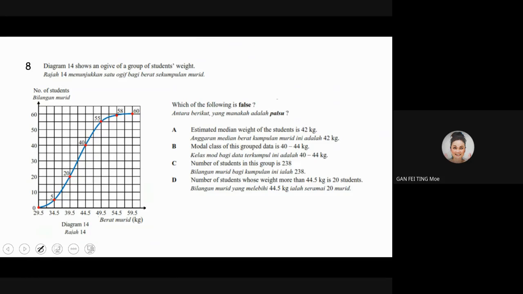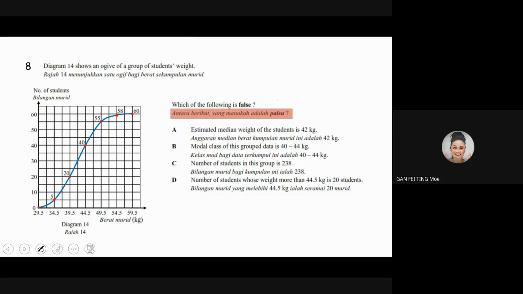This is another question. Diagram 14 shows a group of students. Which of the following is false? Okay, so A, B, C. That's why I say for easy questions, you need to do them very fast, because you are going to spend time solving this kind of question.